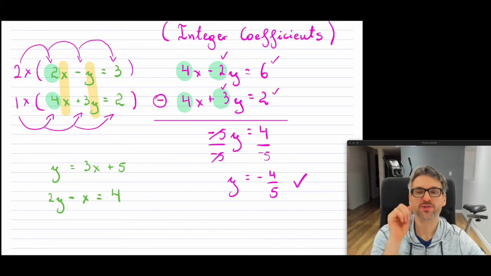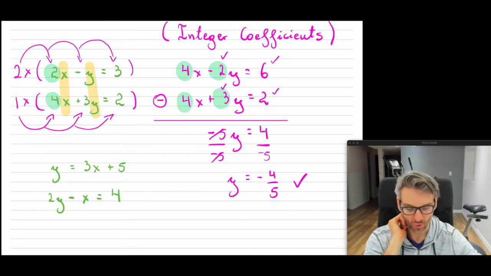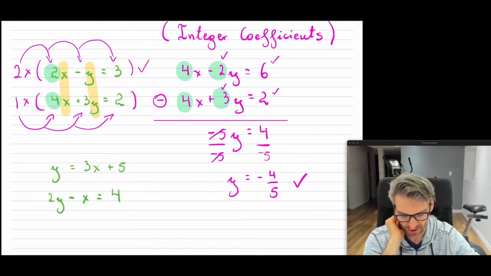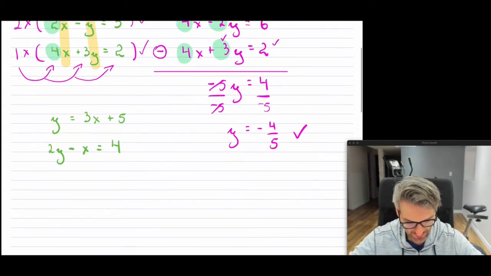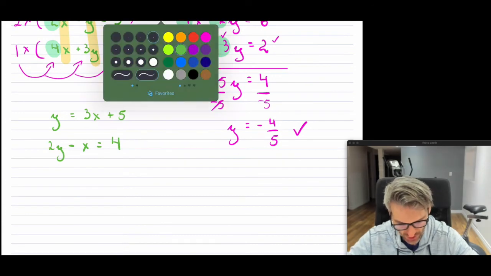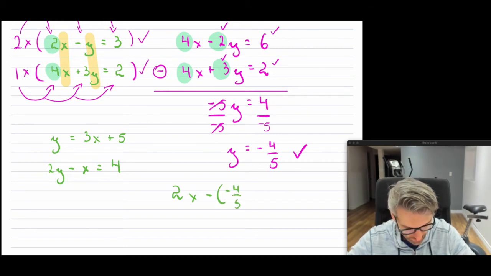Now, once you know what y is, you can substitute y into one of the original equations, either this one or that one. It's up to you. So for instance, if I substitute it back into the first one, it would be 2x minus negative 4 over 5 equals 3.